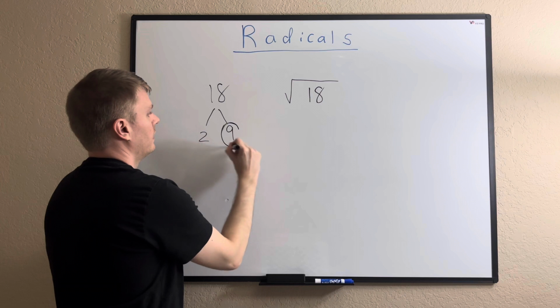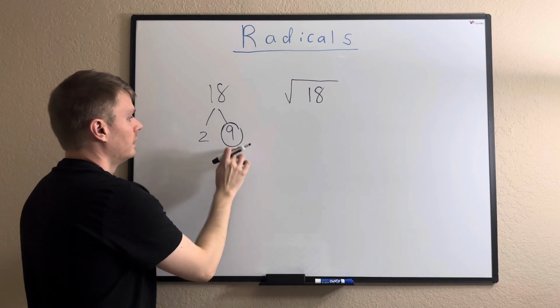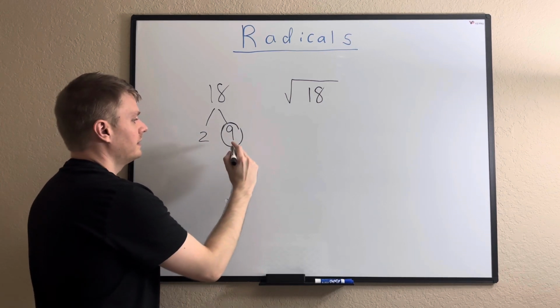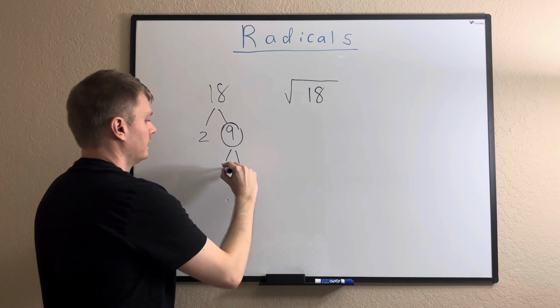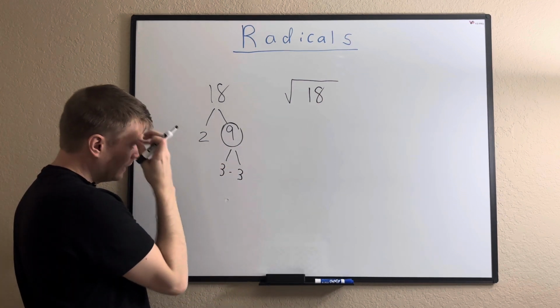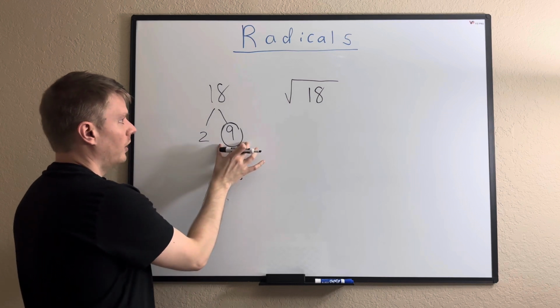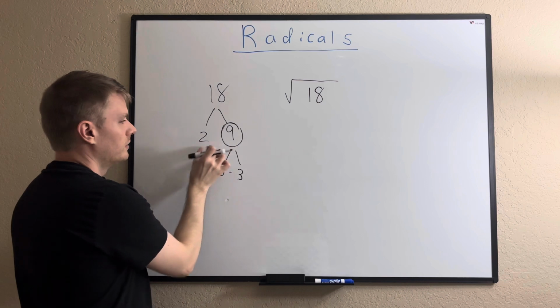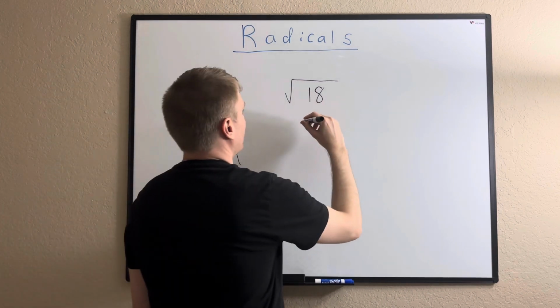Oh, look, there's a perfect square. What do you multiply by itself to get 9? 3, right? So we have a root in there with 2 left over.